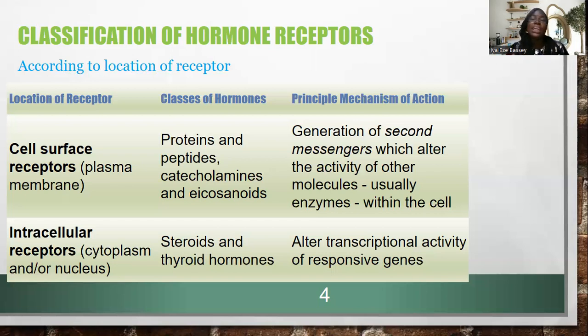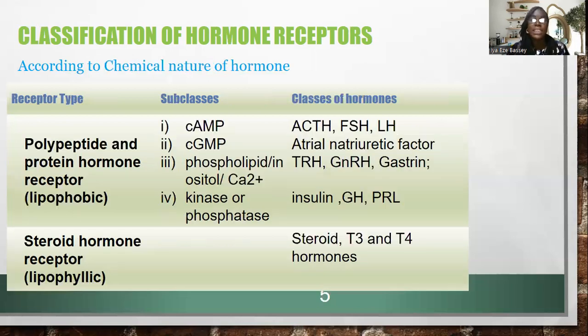Usually the classes of hormones that do this are the steroid hormones like your estrogen, progesterone, corticosteroids, your aldosterone, and the thyroid hormones. Binding to their cytoplasmic or nuclear receptors will cause an alteration of transcriptional activity of genes that are responsive to their action, thereby relaying the effect of the hormone in that cell.